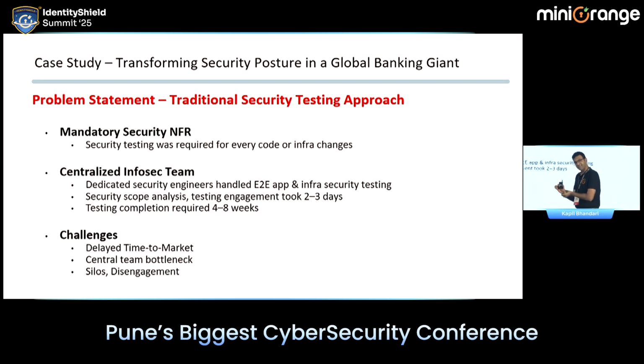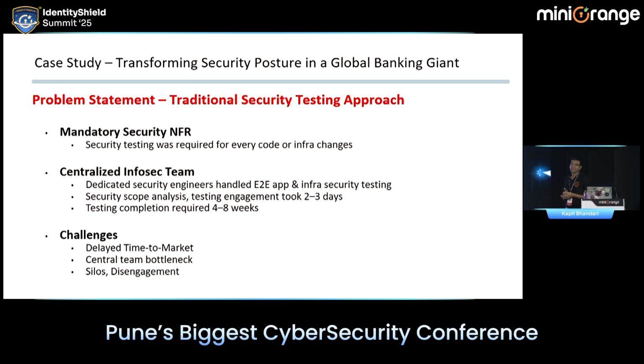The dedicated testing team has given the go-ahead approval that yes, you can now deploy this artifact in the prod environment. But the security team needs, let's say, 4 to 8 weeks to complete their security testing, which means delayed time to market, and business is getting impacted. They are not able to deliver the business value to their customers.